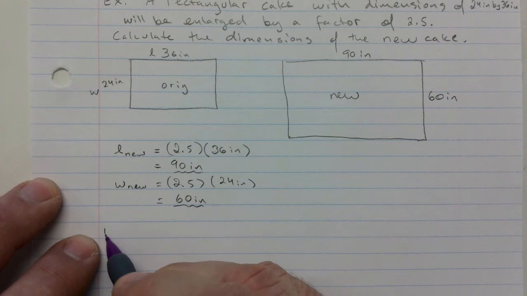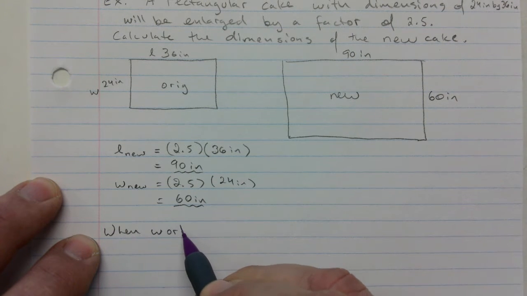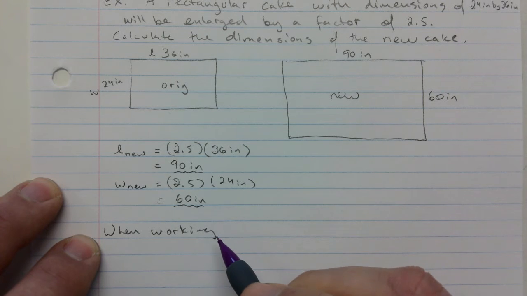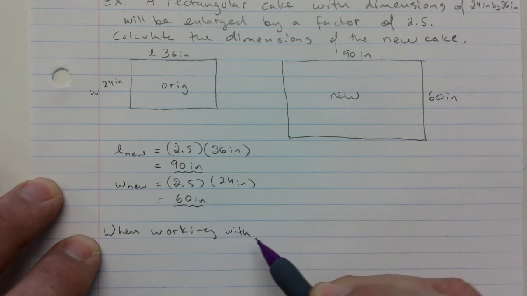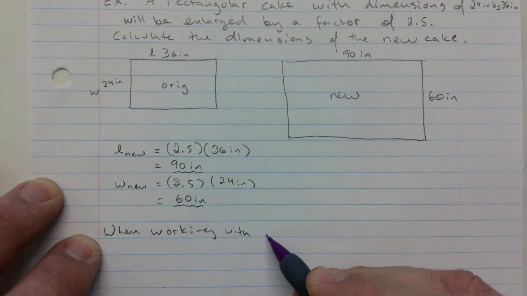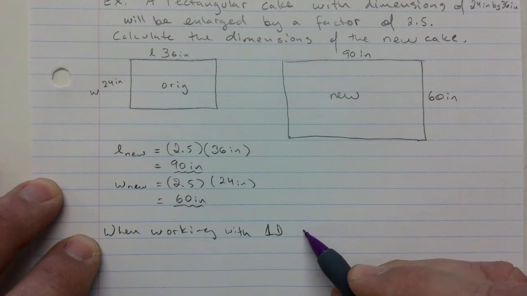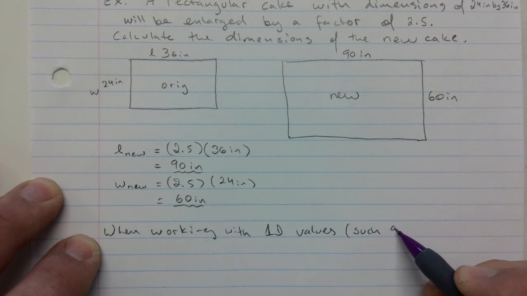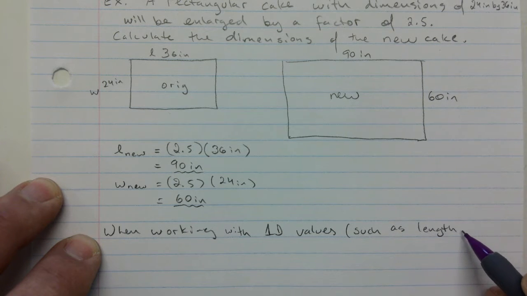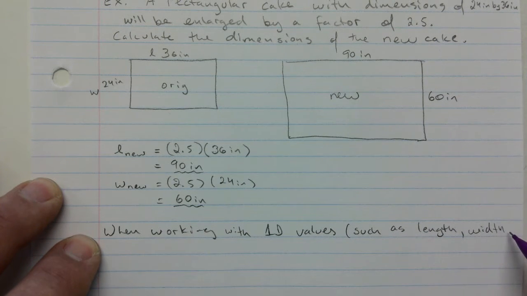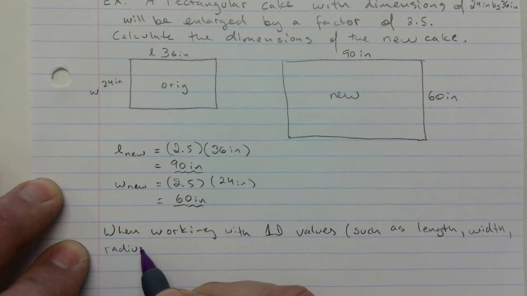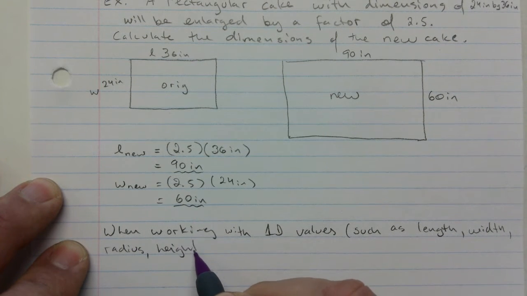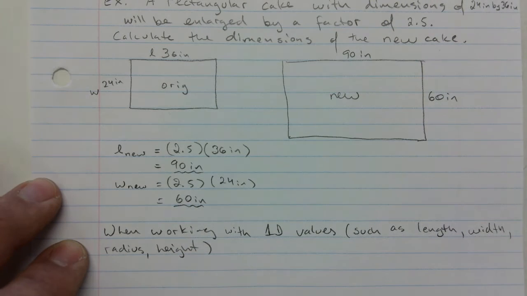Okay, so I will say here, when working with one-dimensional values, and I'll put down in brackets such as length, width, radius, height, those are all one-dimensional values, right?